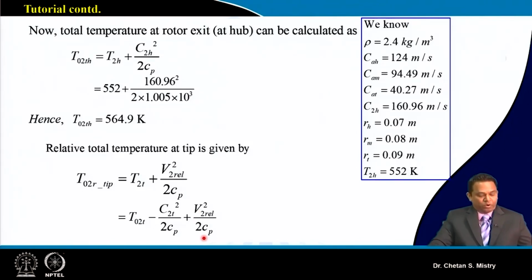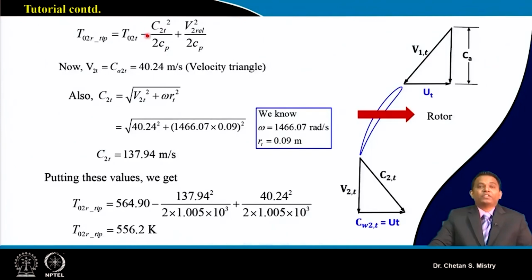Okay. Now at the tip region we have calculated our total temperature. We have our axial velocity, which is known to me. So V2 at the tip is known to me. I can calculate my C2T, that is my absolute velocity at the tip. What is given to us is our relative angle beta, which is equal to 0 at the exit.